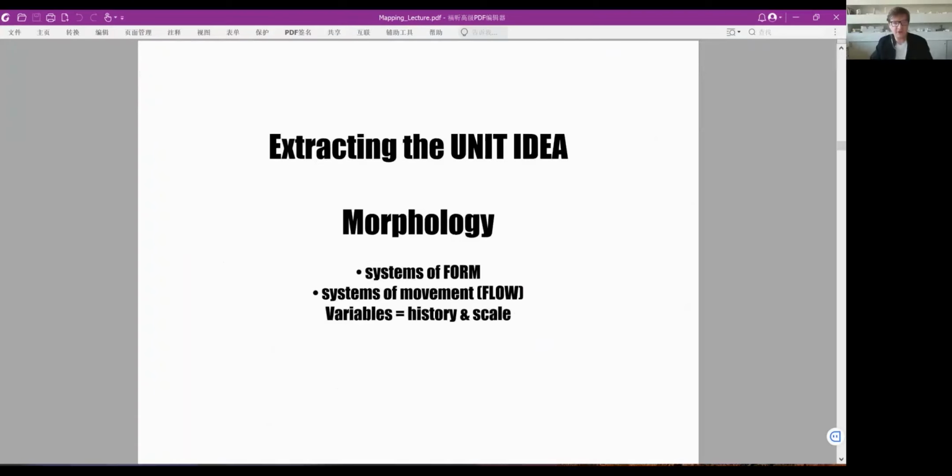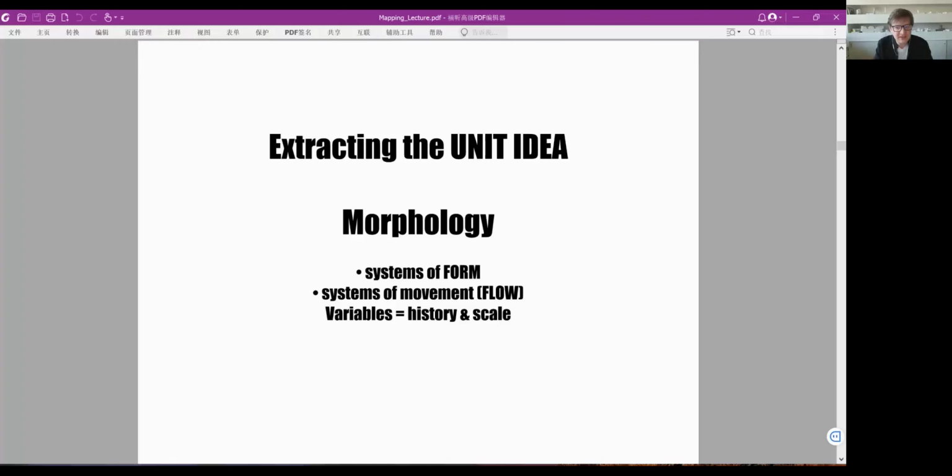And this is what we also call extracting the unit idea. So the main idea, the core of your urban analysis. And the first part I want to talk about is morphology, city form, the system of form and the system of movement.